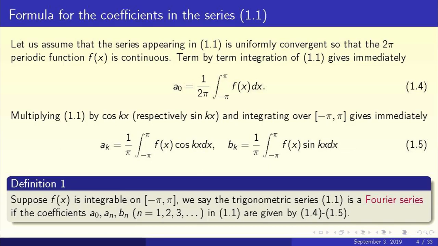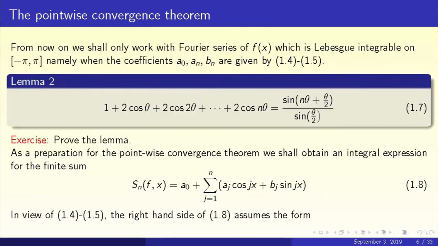So, use these formulae in 1.8. Substitute those integral expressions for a0, aj and bj in equation 1.8. So, what do we get?